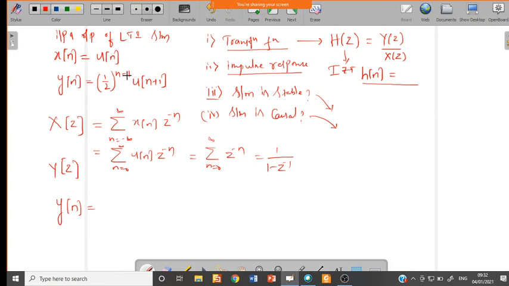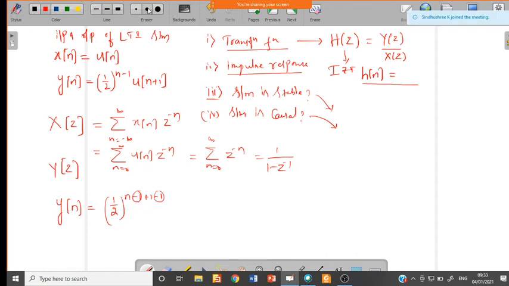and you will get half power n minus 1. So again, add plus 1 and minus 1, so add 2 times plus 1 and minus 1. Now these minus 1 and minus 1 powers you take outside, so you will get half power minus 2, and then you will get n plus 1.